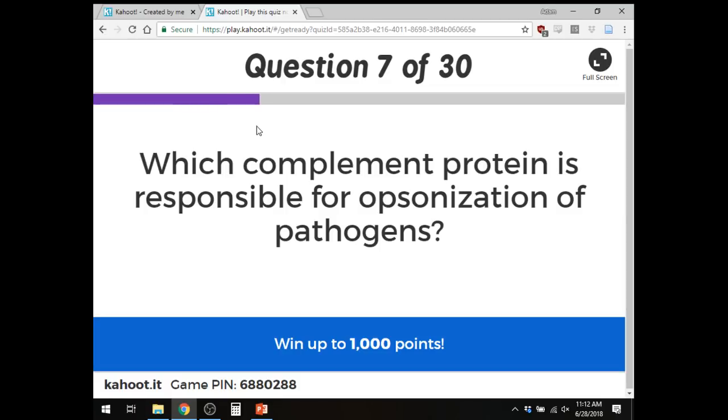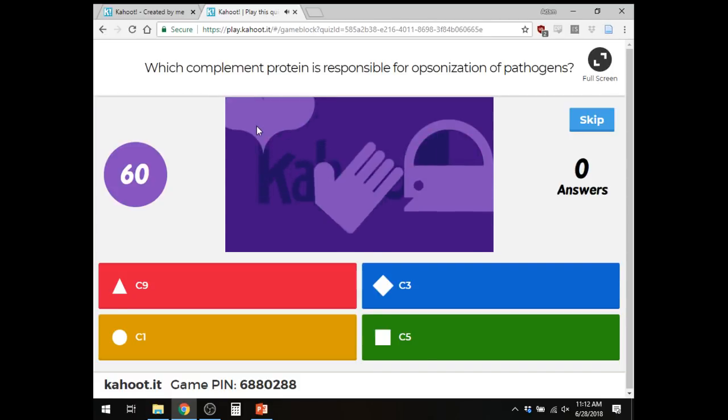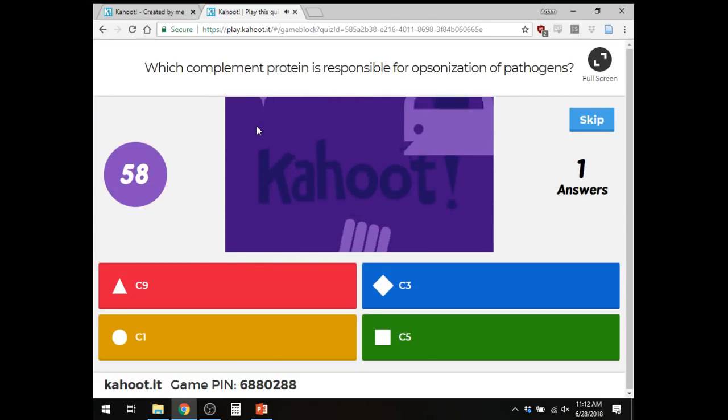Which complement protein is responsible for the opsonization of pathogens? Like putting a little bit of sriracha on the bacteria, making them a little more tasty, a little spicy.